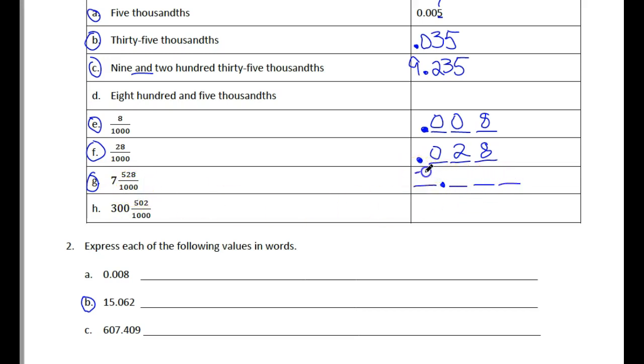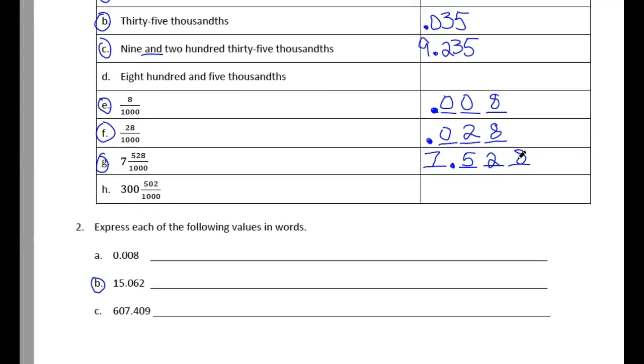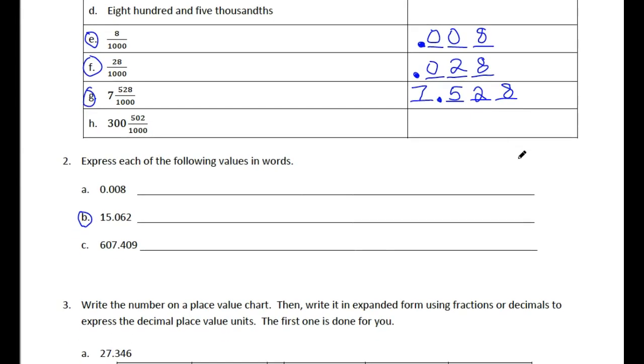We have 7 and 528 thousandths. Let's scroll down a little bit. This one says to express it in words. So we know this is a whole number. It is 15.